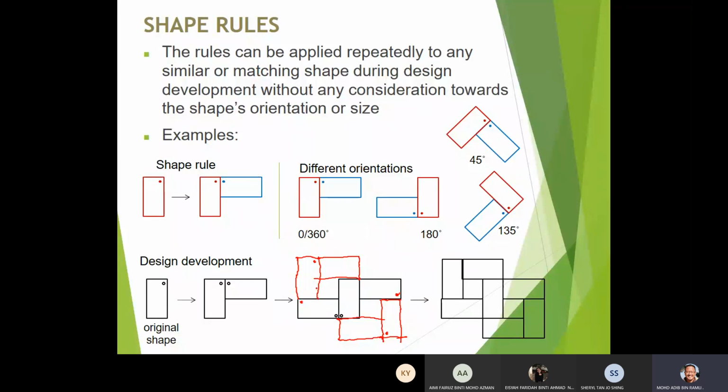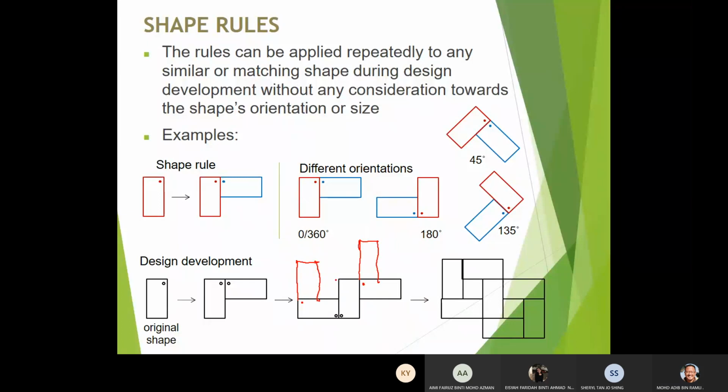Okay. So if let's say you put the label in a different position, so now you put it here, then you're going to add the shape here. And this one, you put the label here. Then you're going to add the shape here.